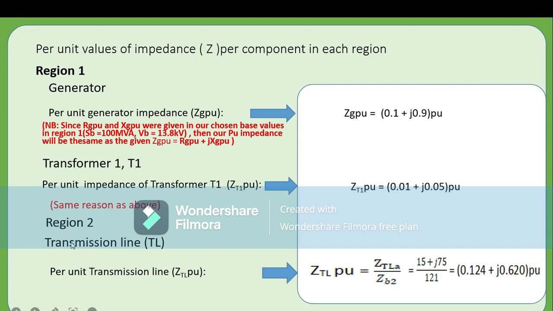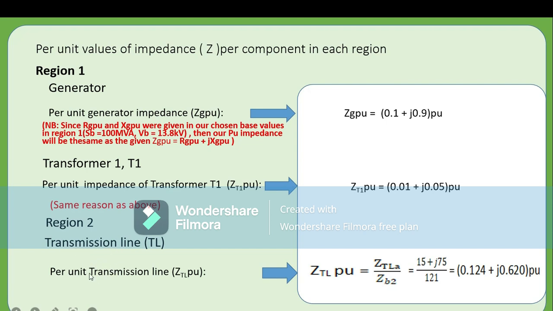So let's look at region 2. The transmission line we were given has an actual impedance. You can check from the parameters given in the question. Its impedance was given as 15 + j71, and we know that this transmission line is in region 2.